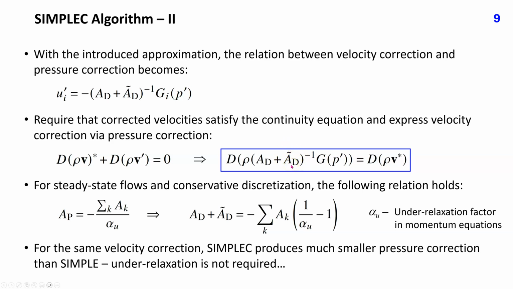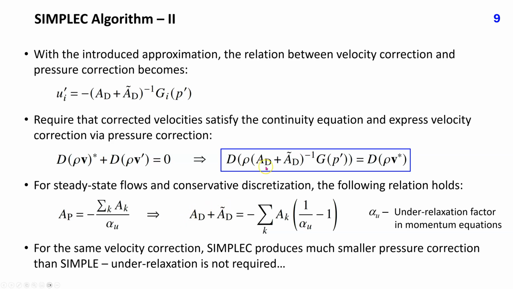For steady-state flows and conservative discretization, the following relation between matrix coefficients in the momentum equation holds. The coefficient A_P, that is on the main diagonal, is equal to the negative sum of the neighbor coefficients divided by the under-relaxation factor for velocities, which is smaller than unity. Without under-relaxation, these two terms would give 0.